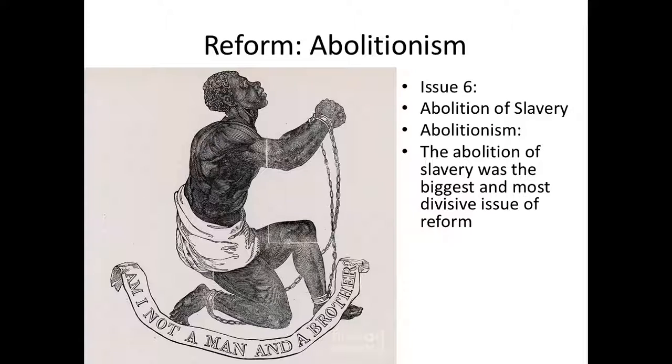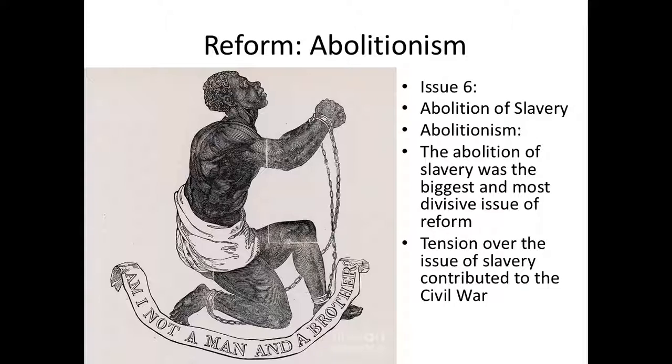And then whenever slavery starts to expand westward in the later antebellum period, like the 1840s, 1850s, you'll see abolitionism become much more of a common thing in the northern states. And by the time of the election of Abraham Lincoln, abolitionism will be the biggest reform movement, and it'll also be the most divisive reform movement.